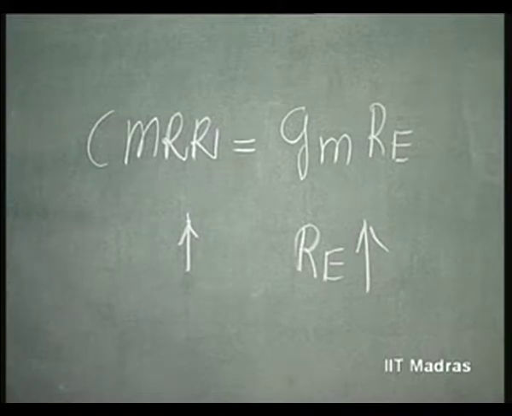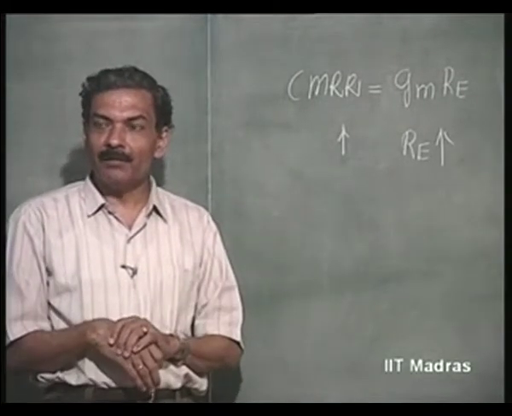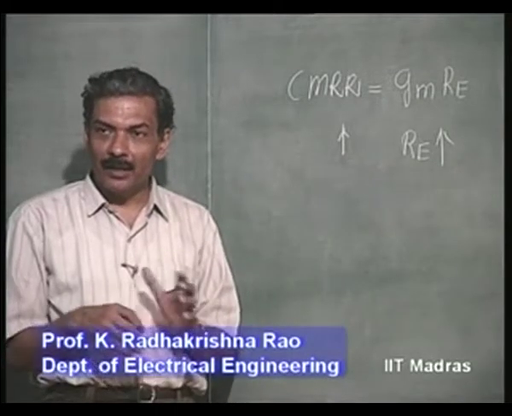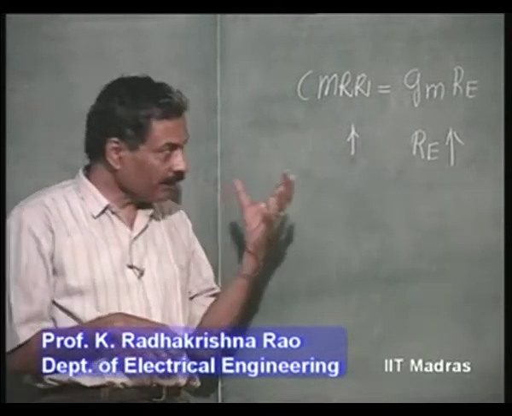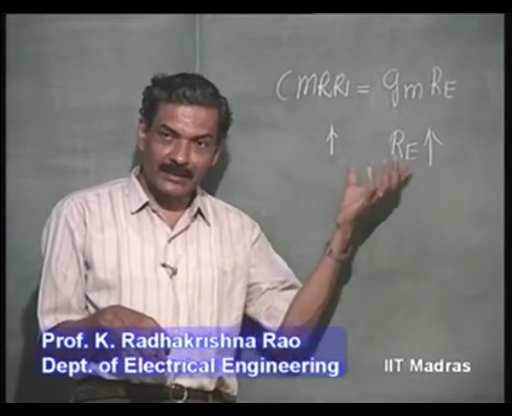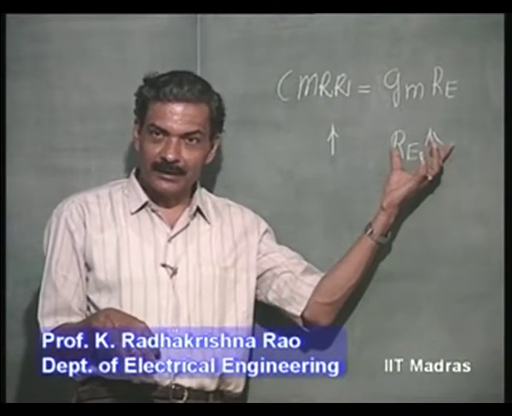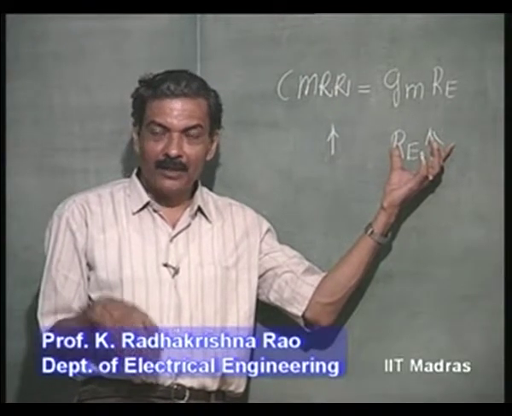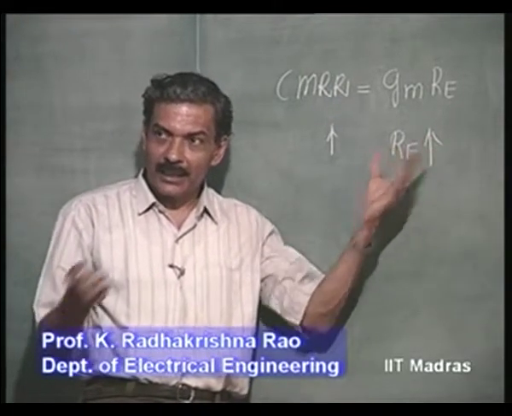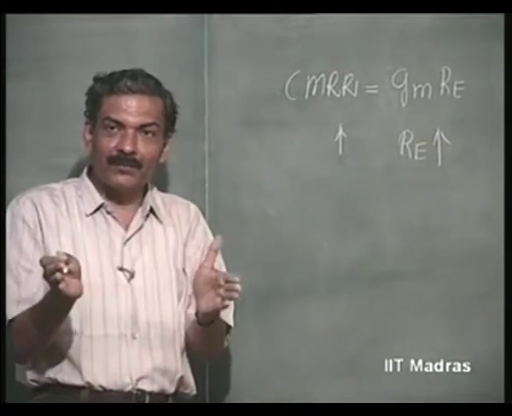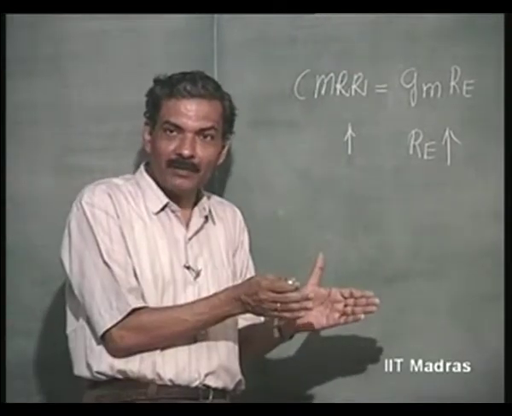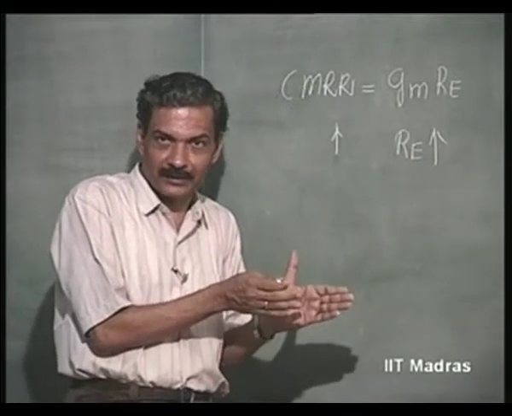It is acceptable that when RE is increased in order to decrease the operating current, CMRR improves. But I would like to have an arrangement where RE is of the order of mega ohms, even when the current is of the order of milliamperes or even tens of milliamperes. That means I would like to use a current source which can simulate a large resistance here, offering whatever current you want for biasing, so that CMRR is isolated from other aspects of the amplifier design, which require a specific value of current.